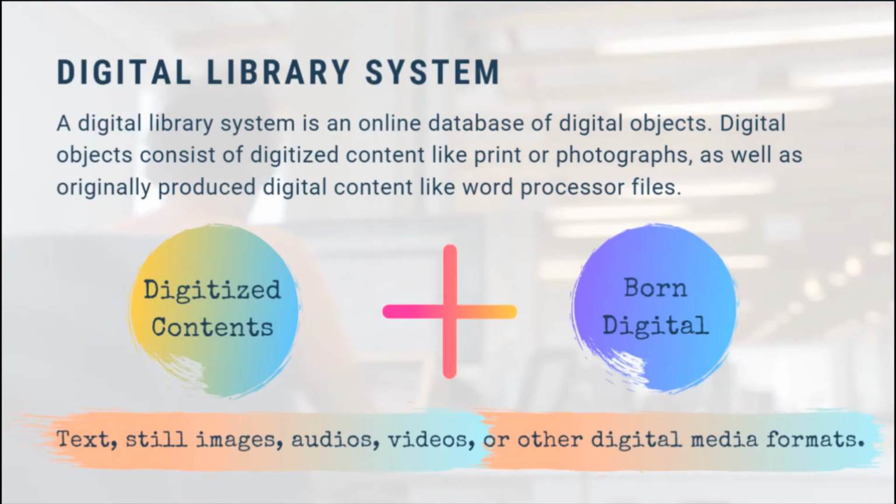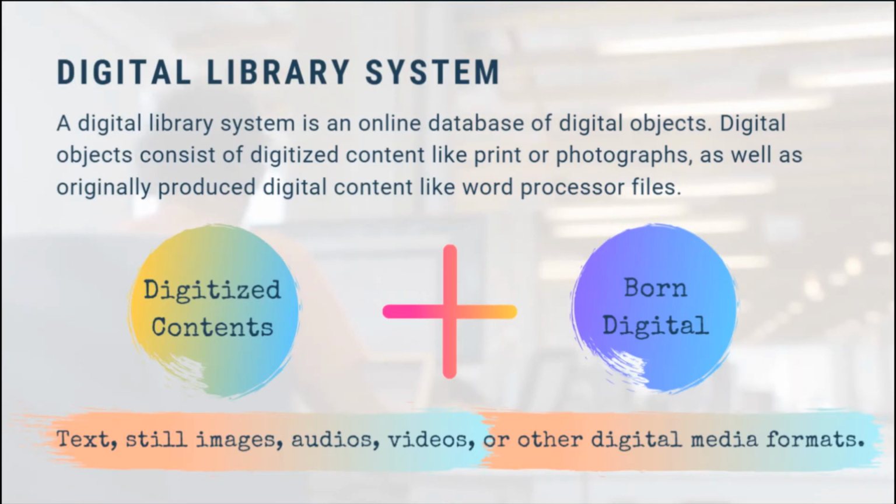So we have two types of content. One is digitized and the other is born digital, and they are based on text like books, periodicals, reports, dissertations, and still images, and some audio formats, video formats, and some other digital media formats.